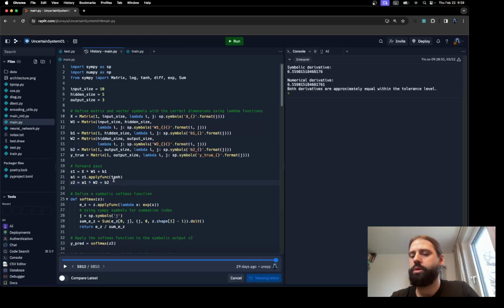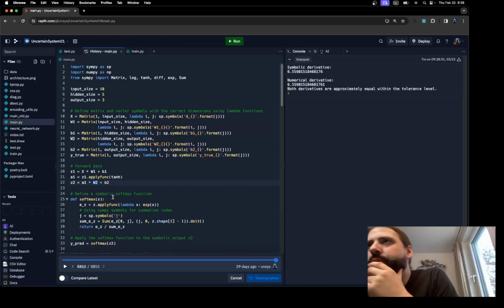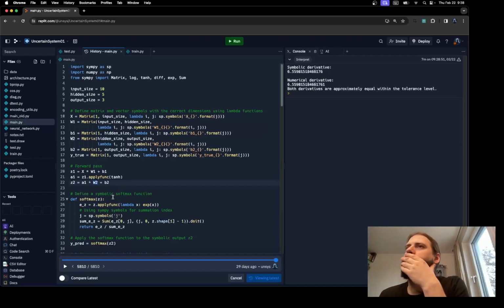W2, what does W2 depend on? I mean, W2 is just a matrix, right?